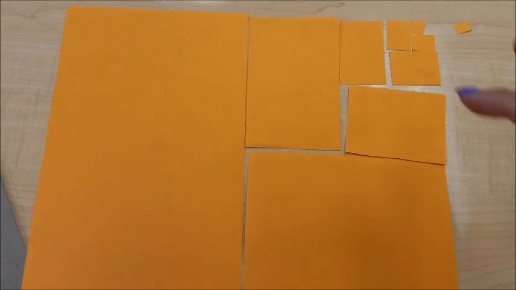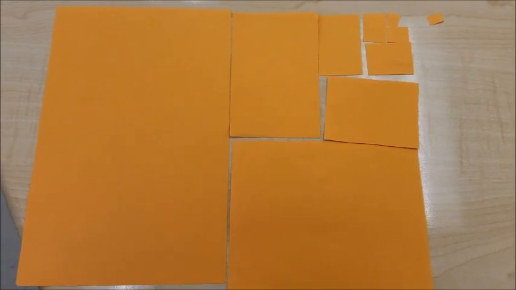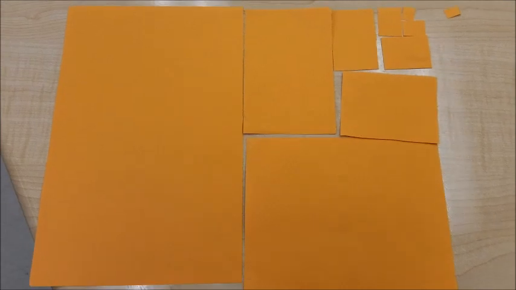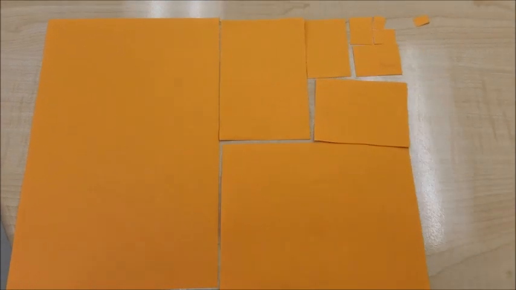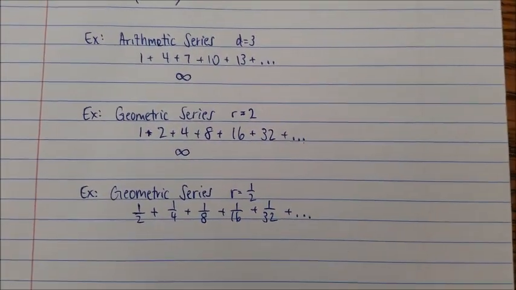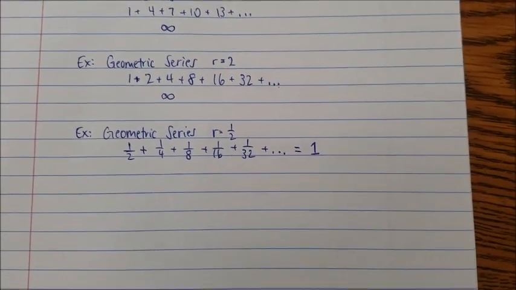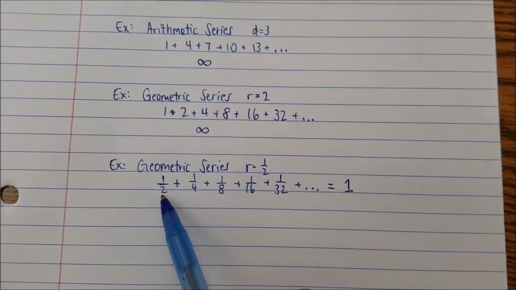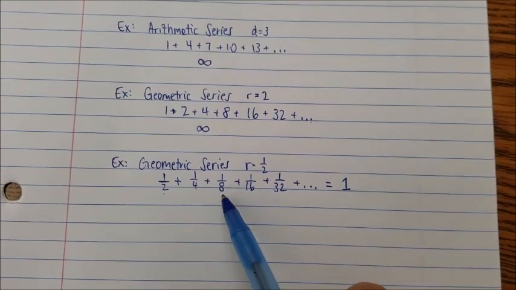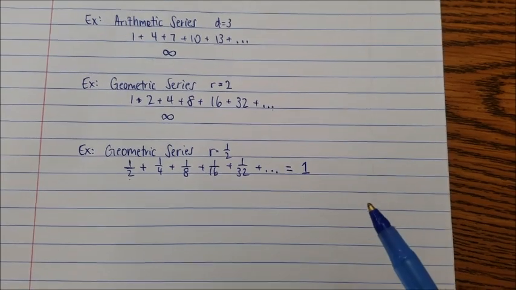This is my demonstration of how an infinite geometric series still adds up to just a number. Since these are the numbers that represent that piece of paper, all of this just equals 1. When you add them all together, my half sheet of paper plus a quarter sheet plus an eighth sheet and so on, all of that really just adds up to a full sheet of paper, so 1.